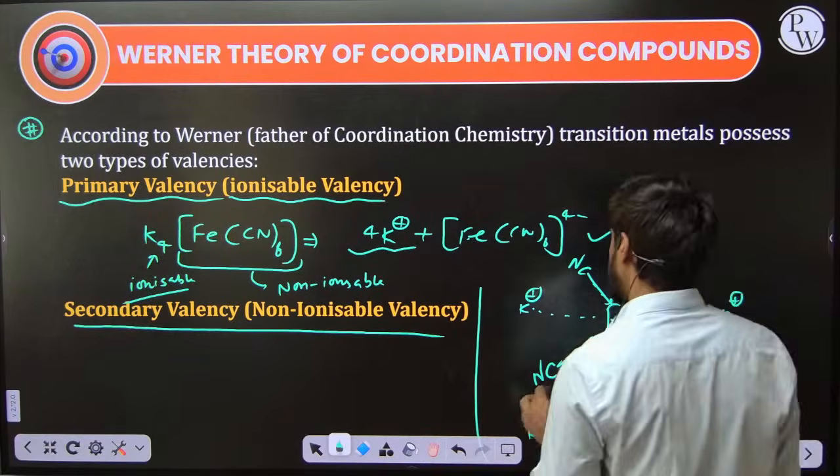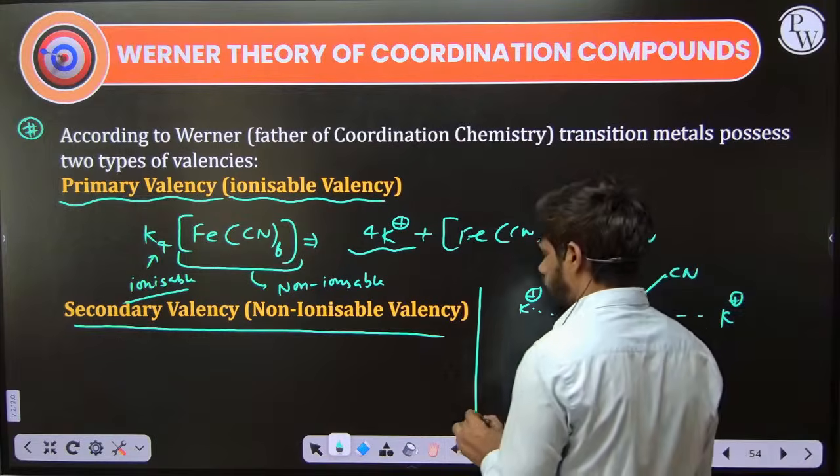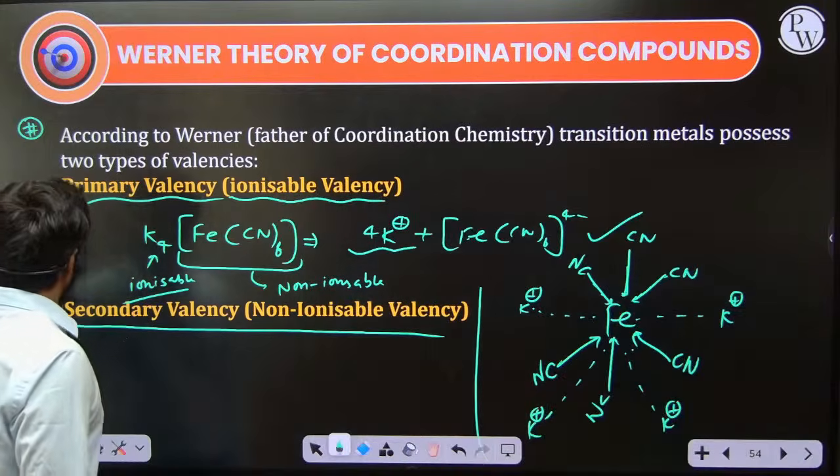So this is our complex, where there is a primary valency and a secondary valency.